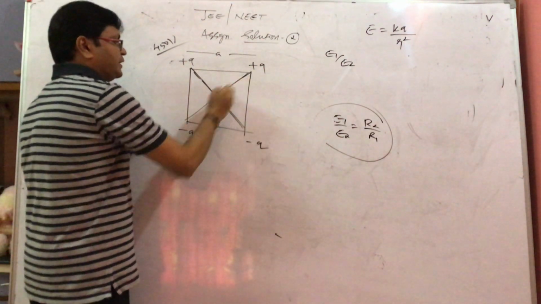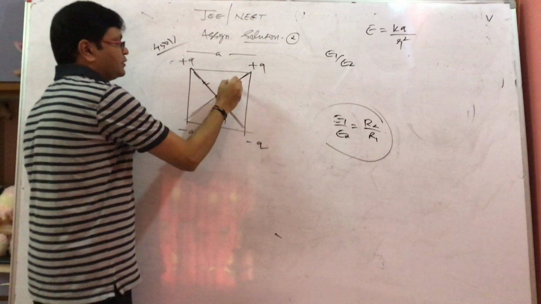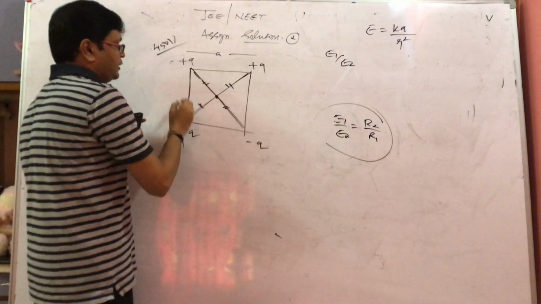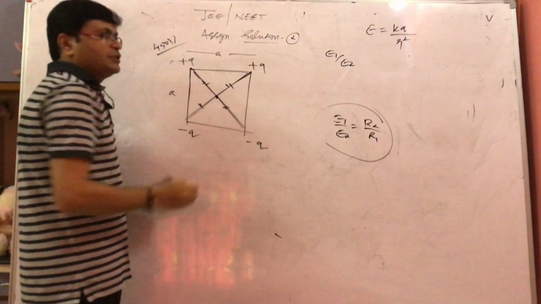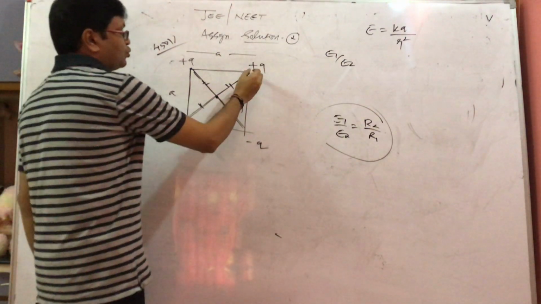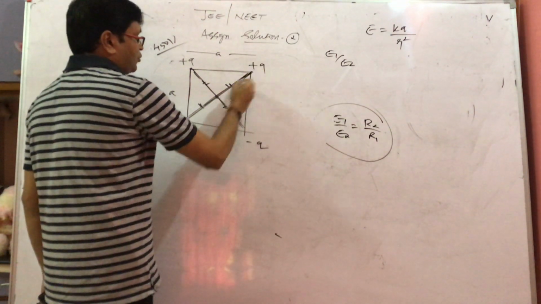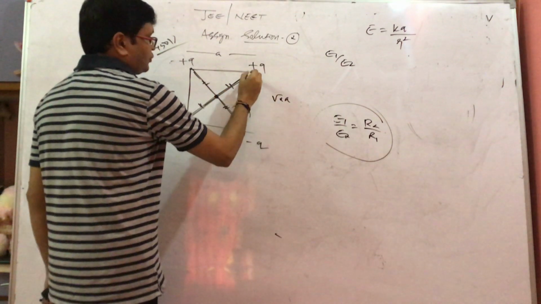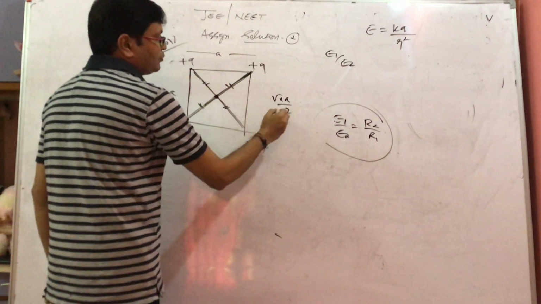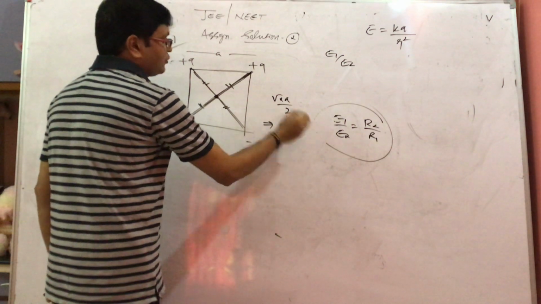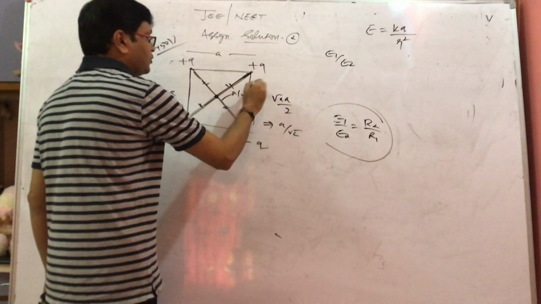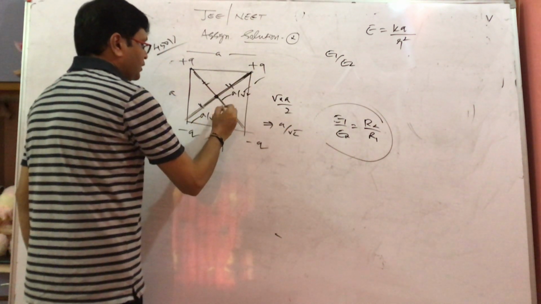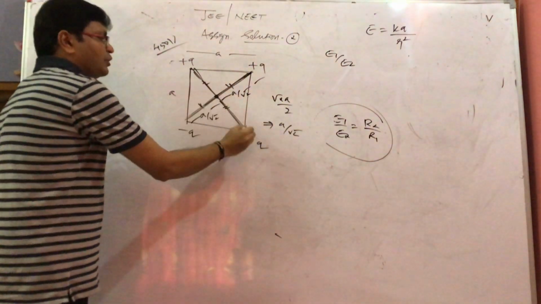Diagonals simply bisect perpendicularly, and these distances are the same. This side is A, so the diagonal distance is total √2A. But if you think about only this portion, divide by 2, so it is A by √2. So from each corner, the distance is A by √2.